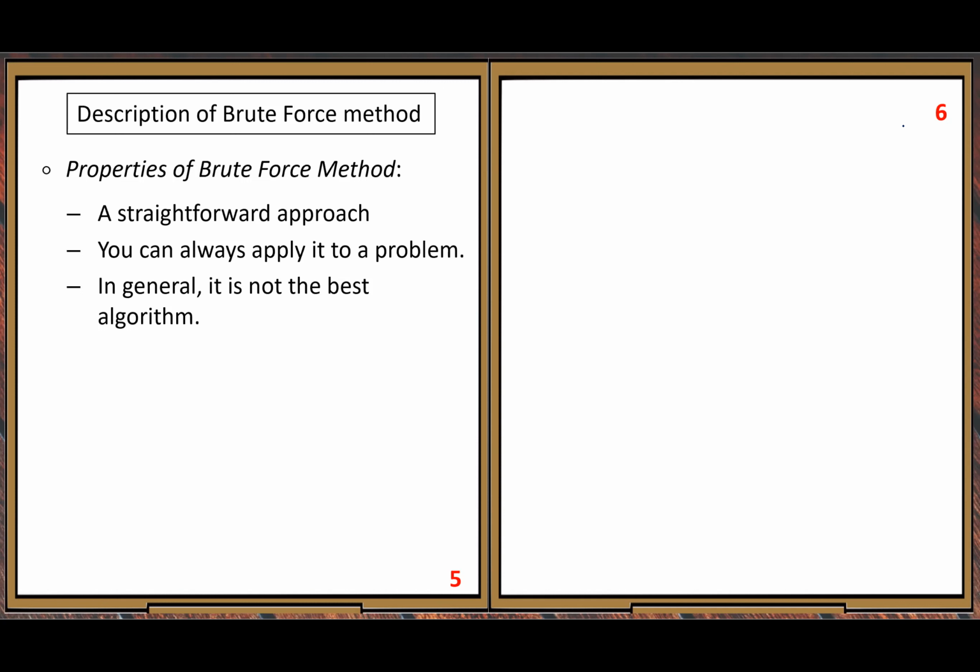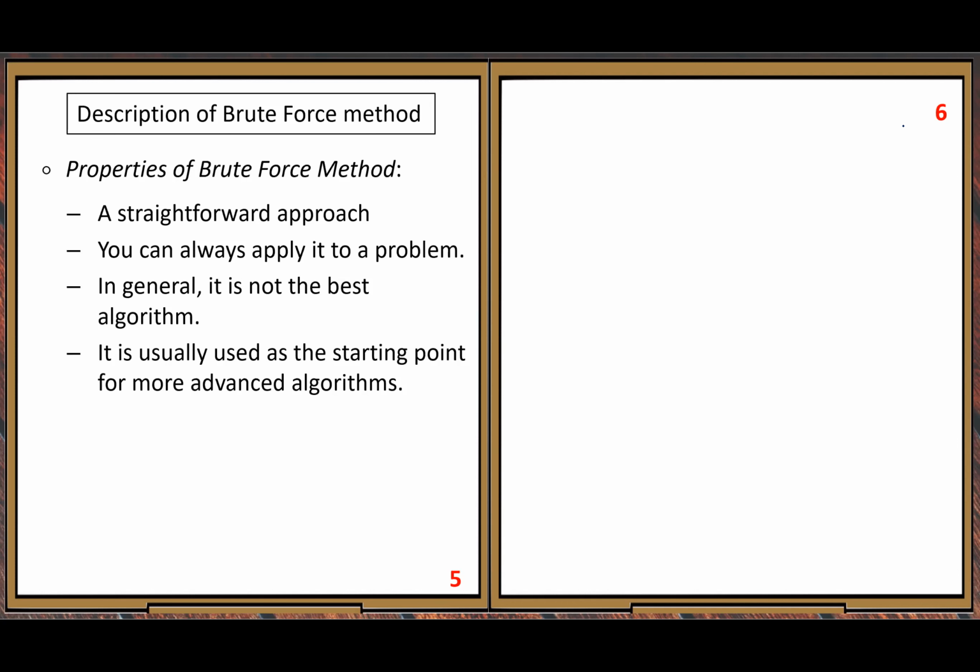But there is a possibility the brute force could give you the best solution. That kind of problem is usually not hard. Think about that. If the brute force method can give you the best solution, how can you say it is a hard problem, right? So in general, it is not the best algorithm.